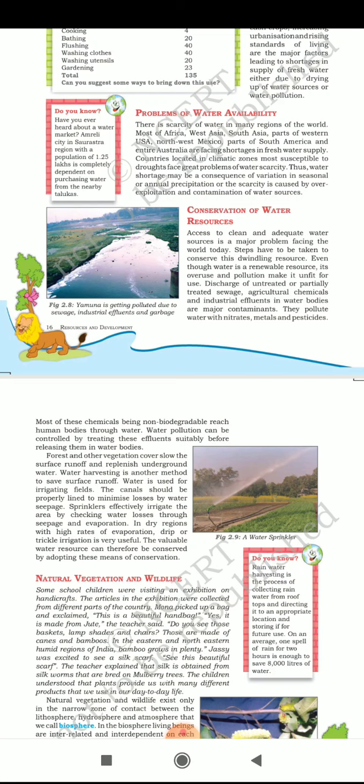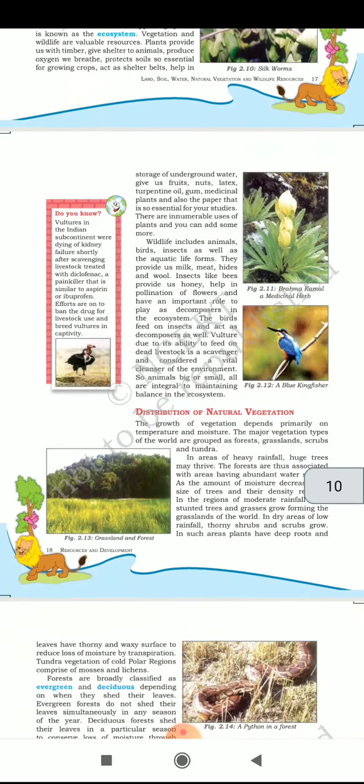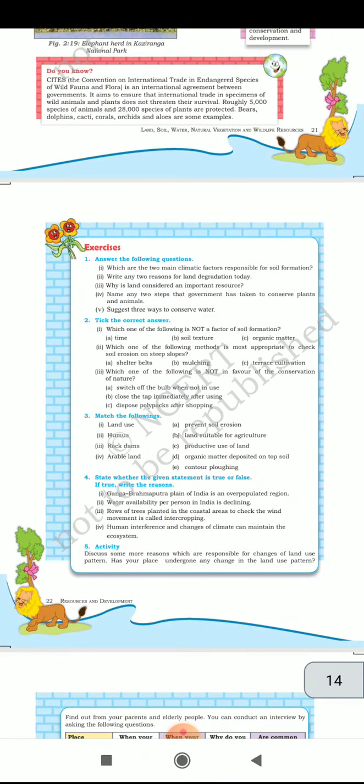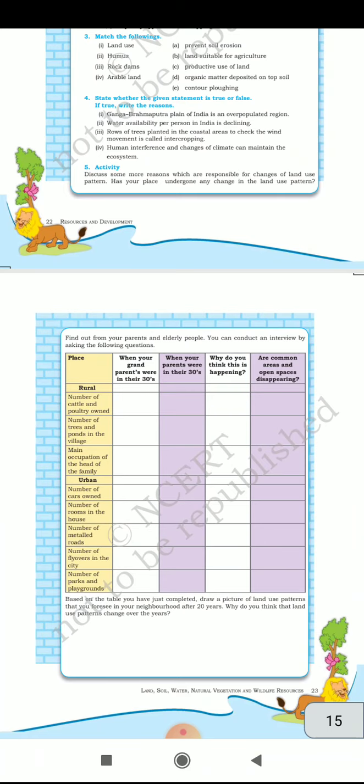It was established in 1961. So in this way the central government is working on the conservation of animals, on how they should be conserved. All these programs have been started by the government, and because of that they can conserve.